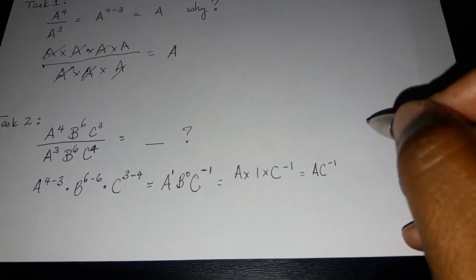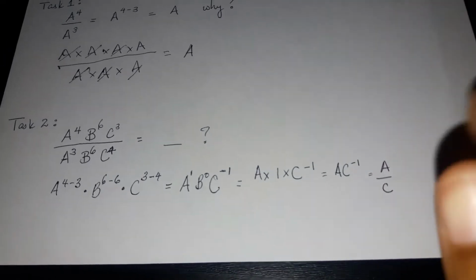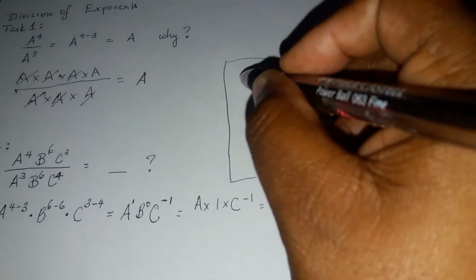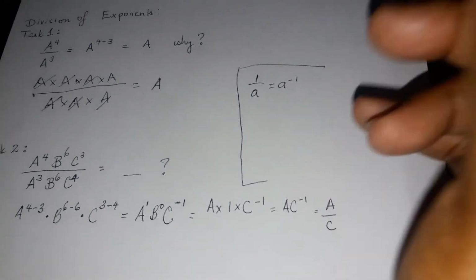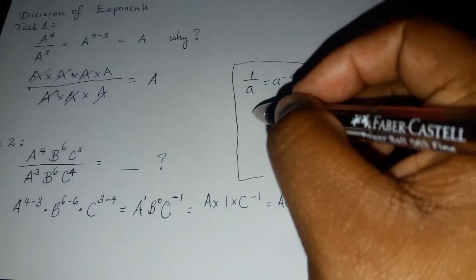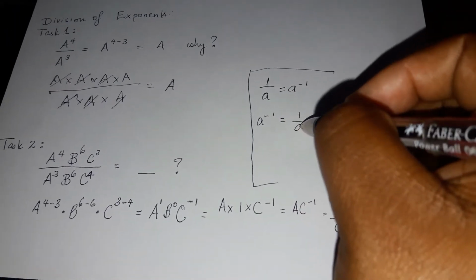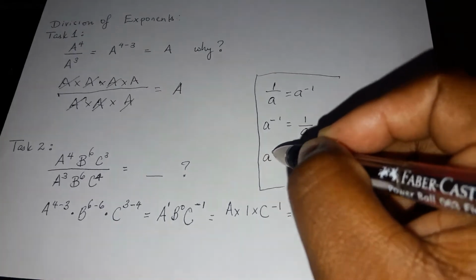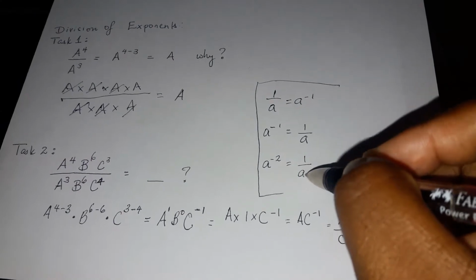So for instance, this in turn will be A over C, because look at this workspace here. 1 over A is equal to A to the minus 1, just the same as A to the minus 1 is equal to 1 over A. So therefore, A to the minus 2 must be equal to 1 over A squared.